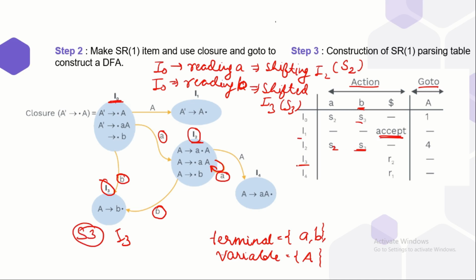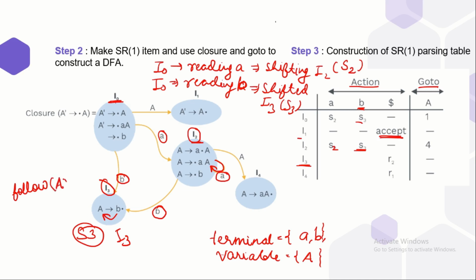Now you can see that I3 is getting reduced. So what we have to do is find the follow. We have to find the follow of A. Whatever variable is on the left hand side, we have to find its follow.